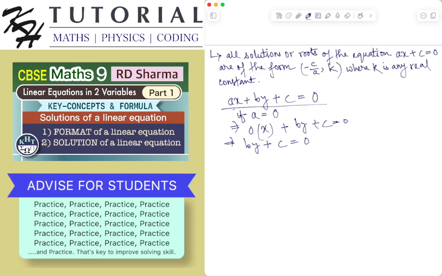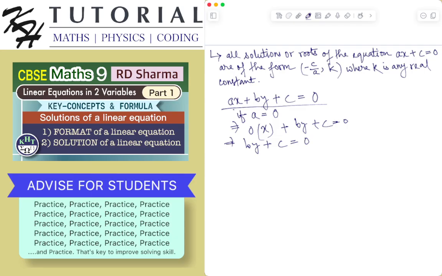Now, the question is, can we still consider by plus c equals 0 a linear equation in two variables x and y? To be very honest, I don't know the exact and correct answer, but I will say that actually it is a linear equation in one variable y, because we see there is only one variable y.